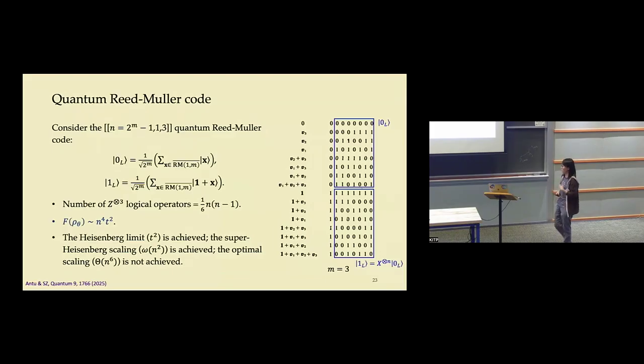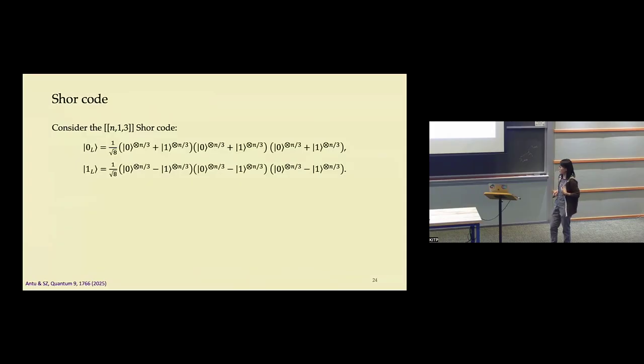But this is actually not the optimal we can do here, because from the previous result, we know that if we have a k-body interaction, then the best scaling we can achieve is n to the power of 2k in a noiseless scenario. But actually with noise, we can still do that. So the best code in this scenario is the cube code.